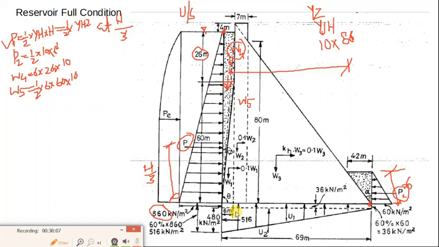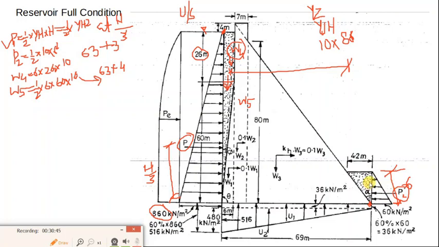Up to here, that is 63 plus this 6 by 2. And the lever arm of the triangle is 63 plus 2/3 of 6. So this is how you calculate W4 and W5.